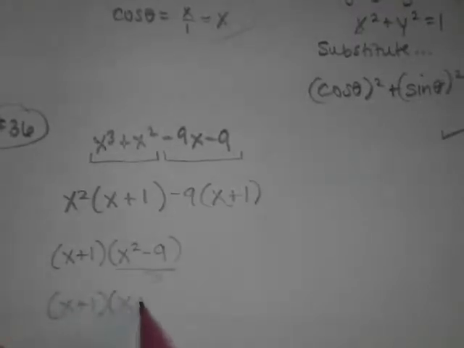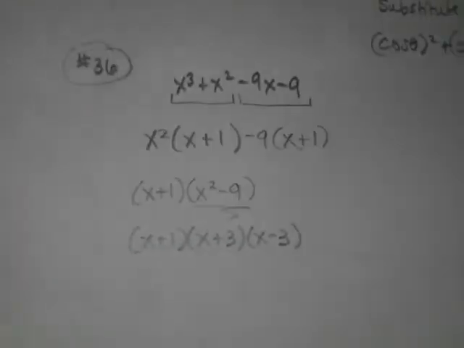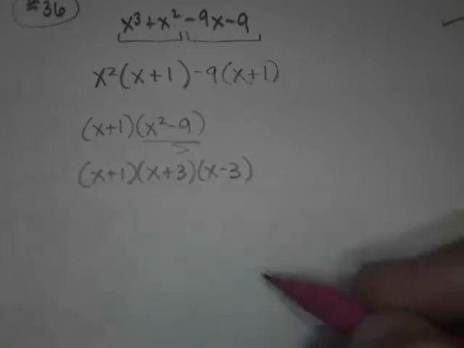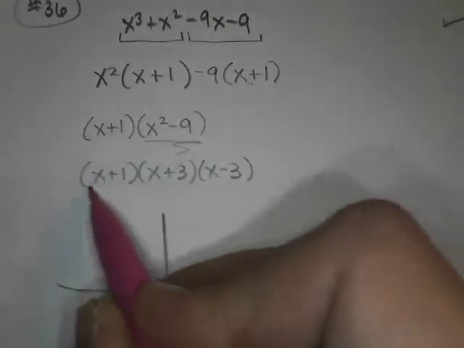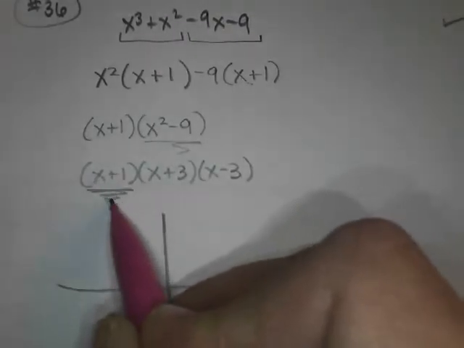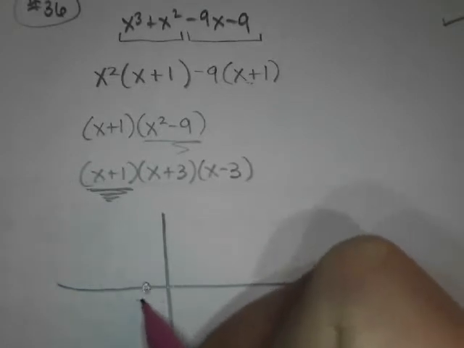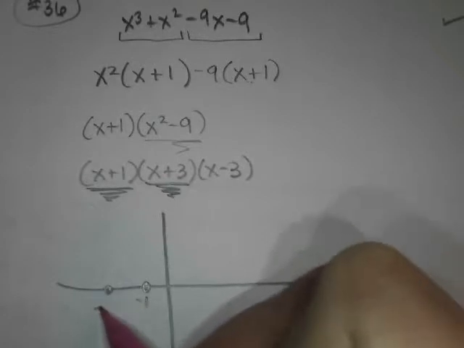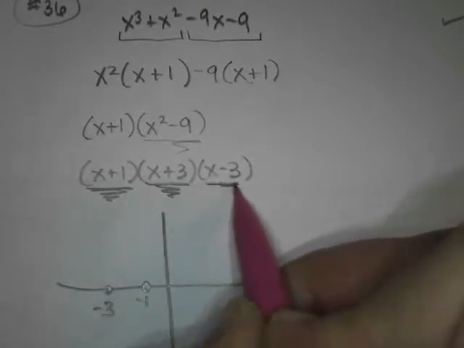Use your answer to sketch a graph. So very quickly here, we've got a root where? Negative 1. We've got a root where? Negative 3. And we've got a root where? Positive 3. And correct me if I'm wrong, they're all single roots, right? Nothing has a multiplicity higher than 1.